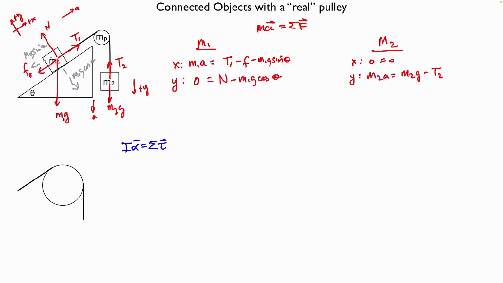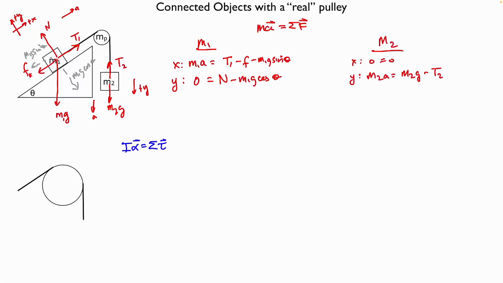So first things first, same thing we did up here. Ask ourselves, what forces are being applied to the pulley? So what objects are pushing or pulling on the pulley? The strings, right? Strings on both sides.